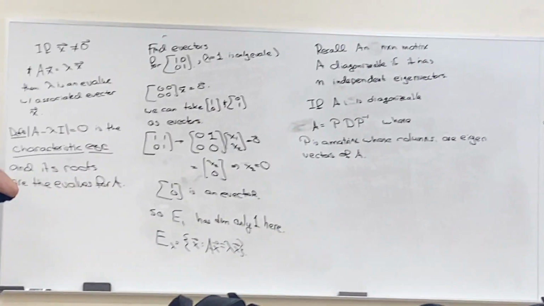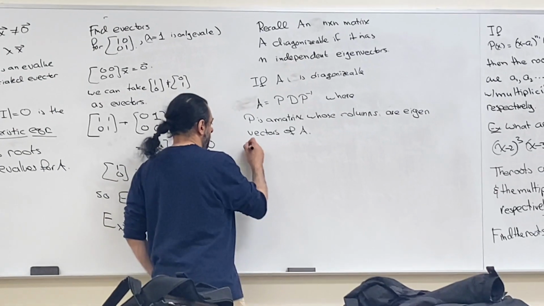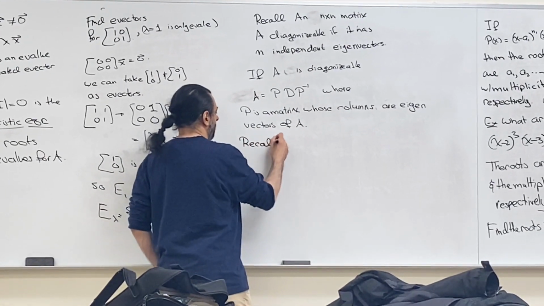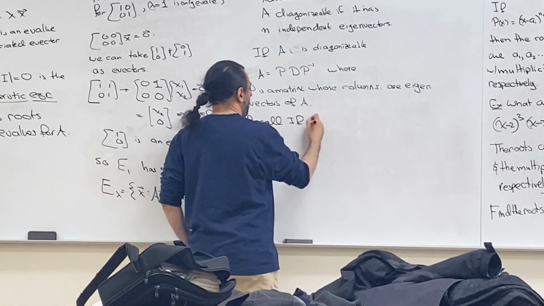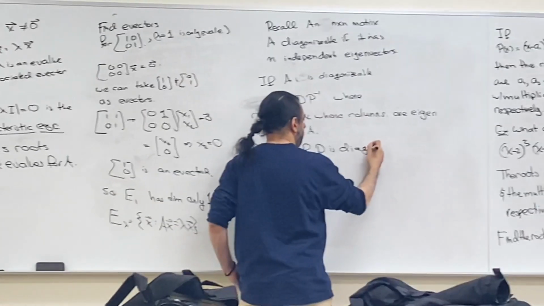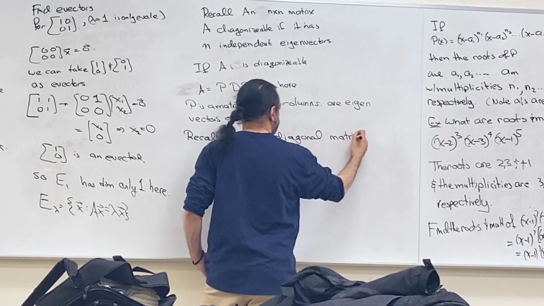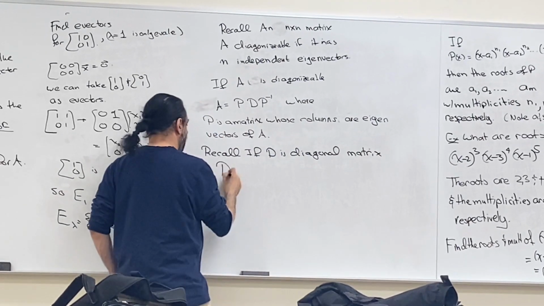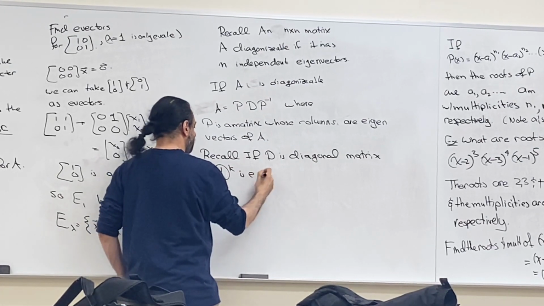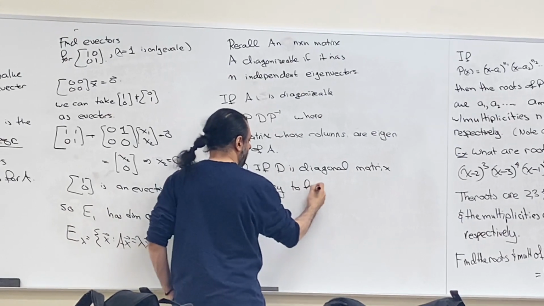And remember why we did this? We said if A is diagonalizable, with D a diagonal matrix, D to the K is comparatively easy to find.